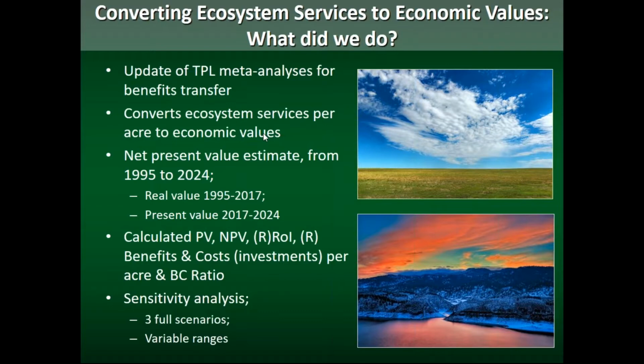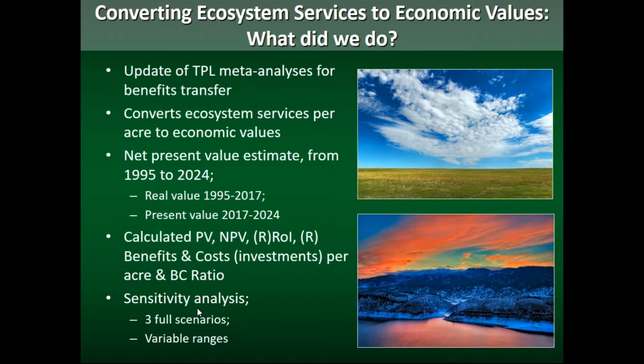We're converting ecosystem services per acre into economic values per acre, and if you've seen the Costanza analyses, there are some benefits and costs to doing it that way. Per acre values, or economic values, aren't always well captured on a per acre basis, but this is what we have because of the way that the easements are done.